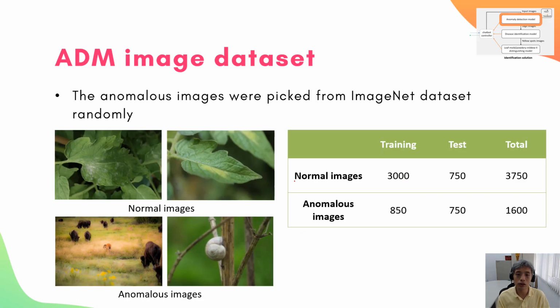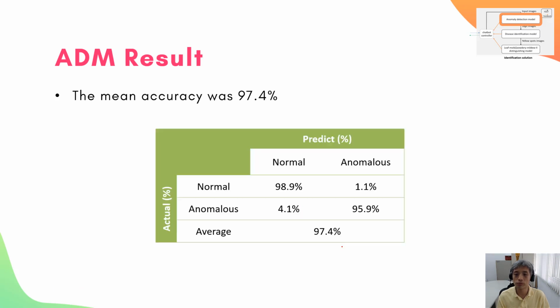We collected a total of 300 plus normal images, and also anomalous images that we downloaded from the internet. You can see some example images over here. And this is the classification result. In this ADM classification, we want to distinguish normal from anomalous. Based on our test results, the average accuracy is 97.4%.